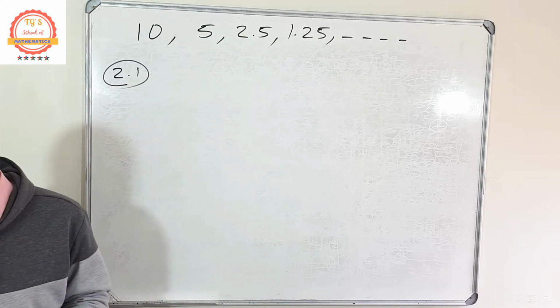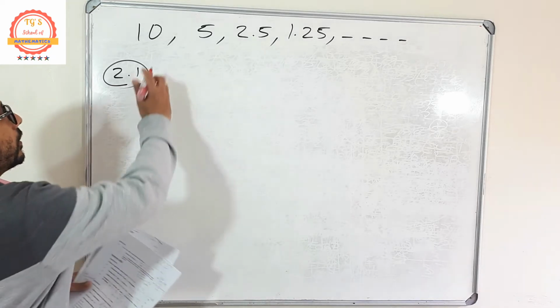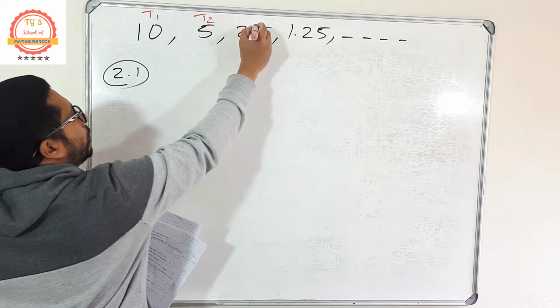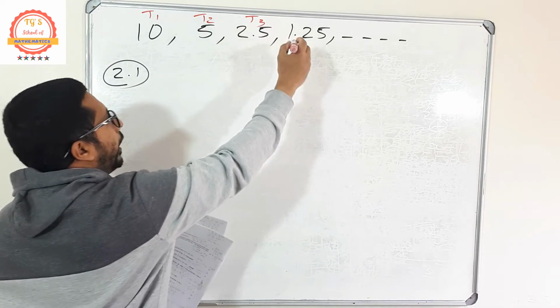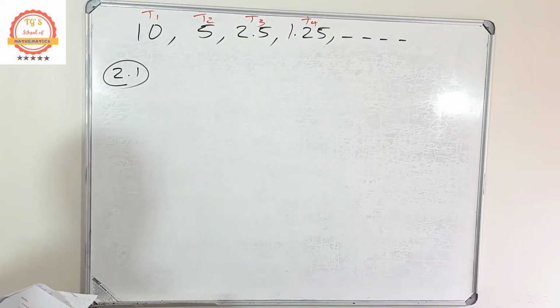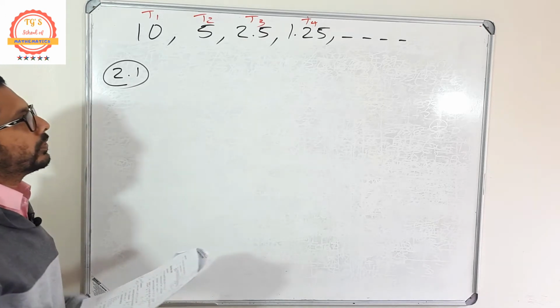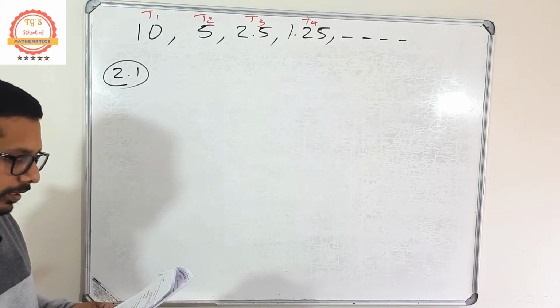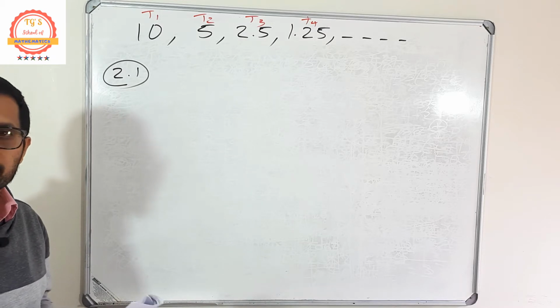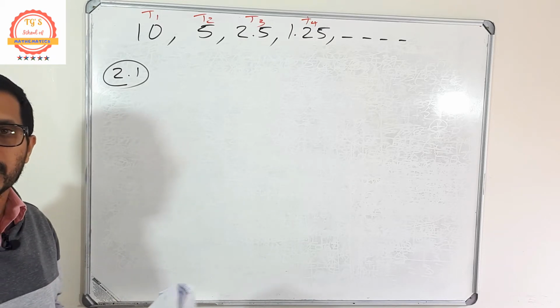So here we can see that this one is the first term T1, this is the second term T2, this is T3, and this is T4. So you have to find the fifth term. Since this is a geometric sequence, you know that there is a common ratio.